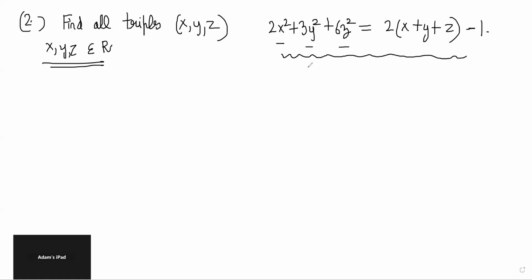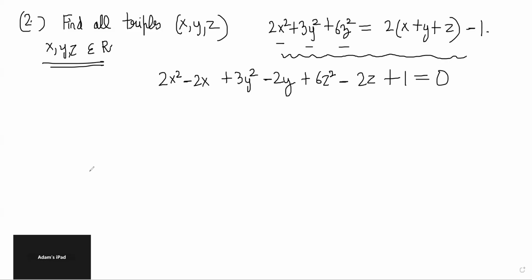So what I will do is bring everything to one side and hope for some nice trick. 2x square minus 2x plus 3y square minus 2y plus 6z square minus 2z plus 1 equals 0, right?